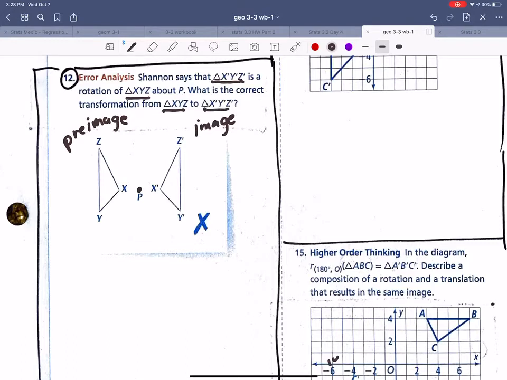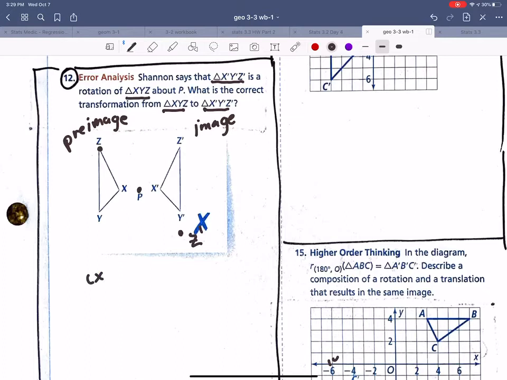So if I rotated Z, it looks like this would be back 2, up 2. Then rotating it would be back 2, down 2. So Z prime, if we rotated it, would be there.